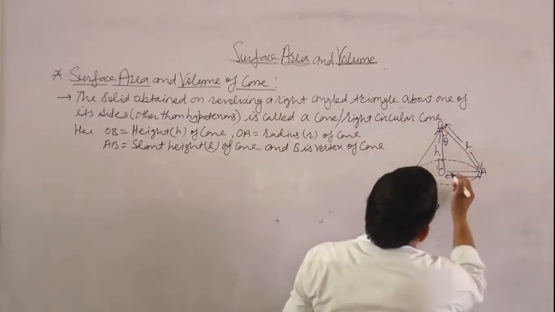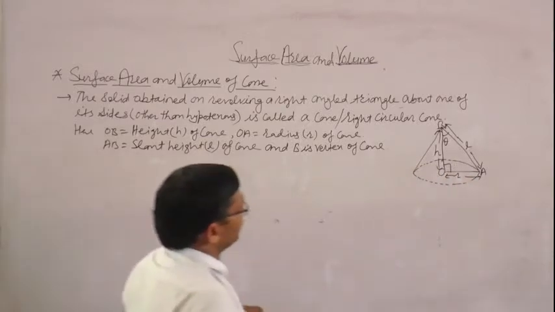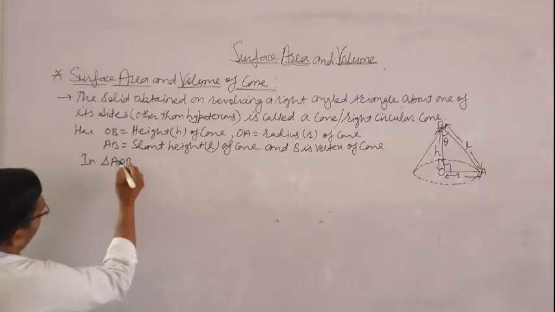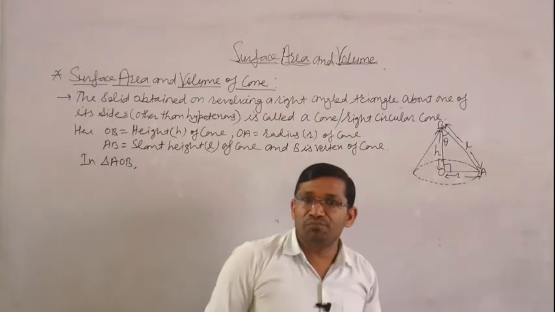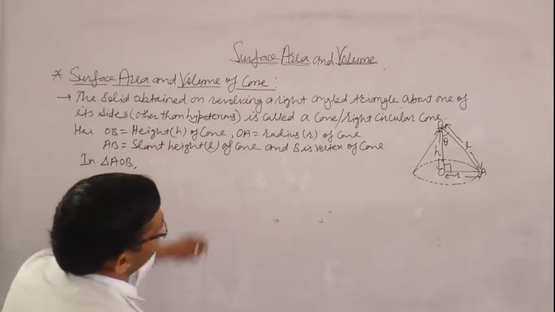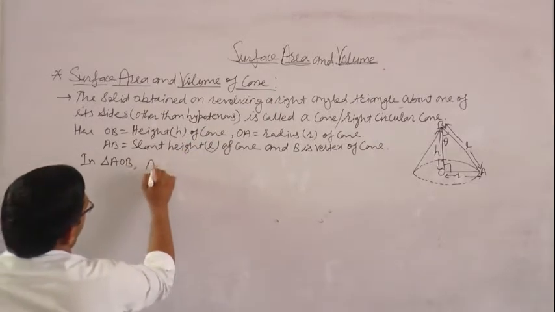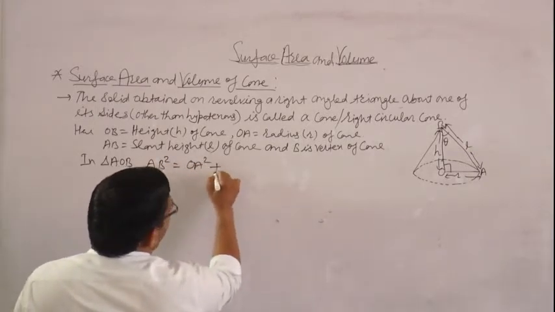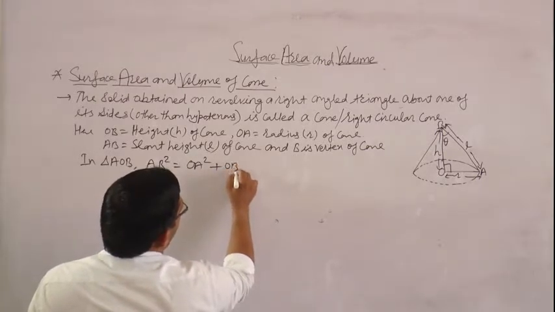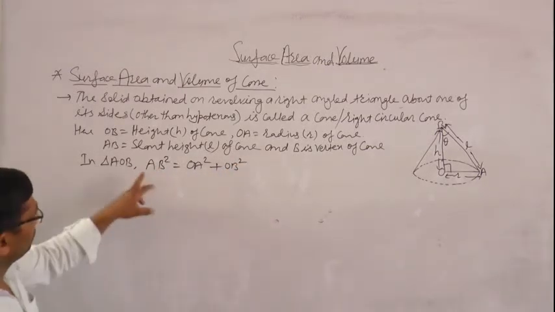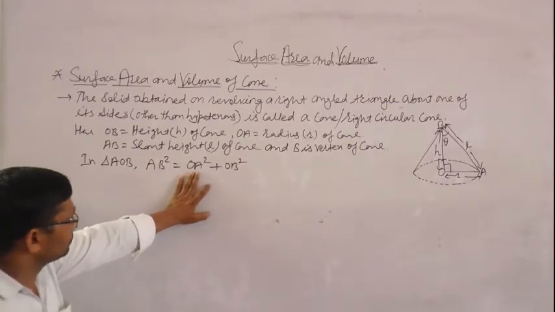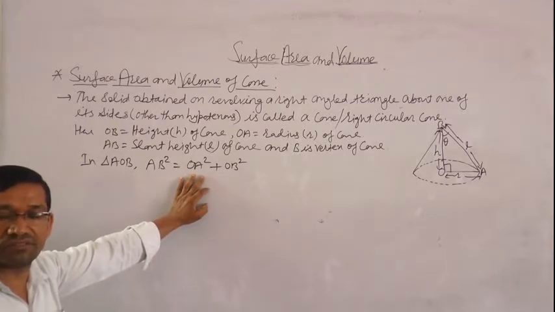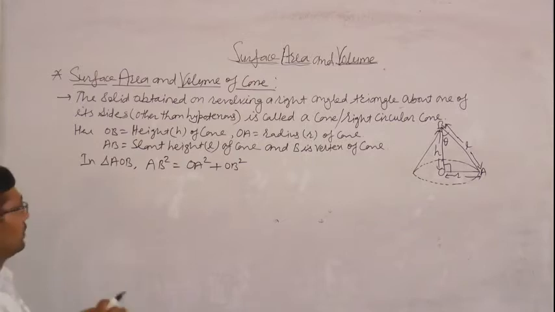Now in triangle AOB, because triangle AOB is a right angle triangle, by Pythagoras theorem AB square is equal to OA square plus OB square. By Pythagoras theorem, hypotenuse square is equal to base square plus perpendicular square. Pythagoras theorem applies only to right angle triangles.